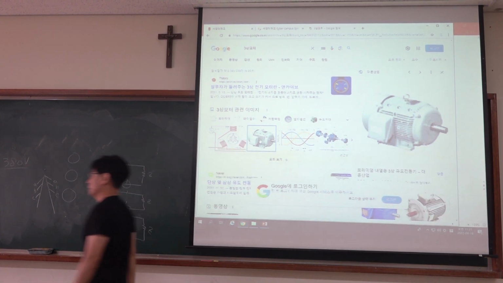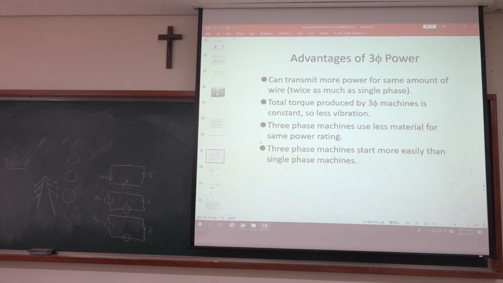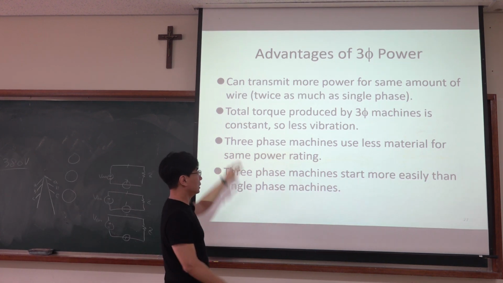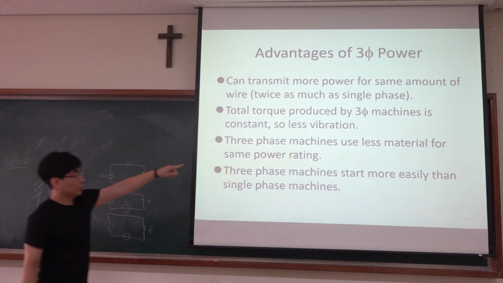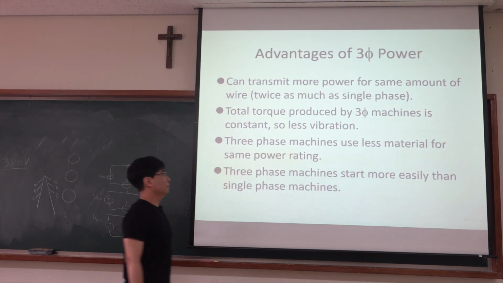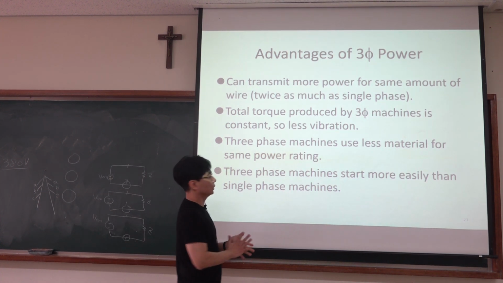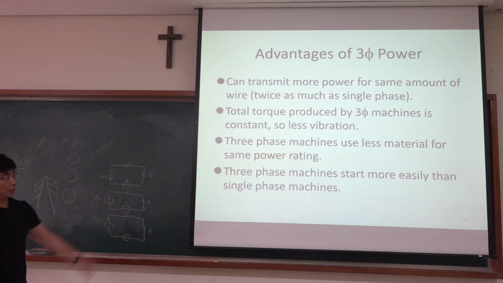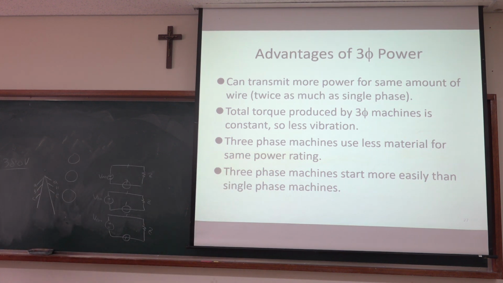This kind of three-phase machine is more efficient. It has less vibration. I don't want to go into the detail, but the total torque produced by the three-phase machine is constant, so less vibration. Three-phase machines use less material for the same power rating, and three-phase machines start more easily than single-phase machines. So in a factory or where a lot of power consumption is required, this kind of three-phase machine, especially the motor, is typical.